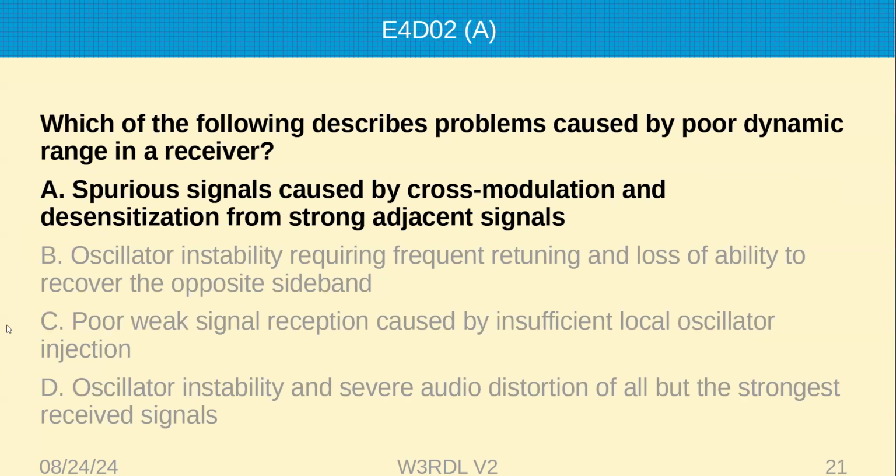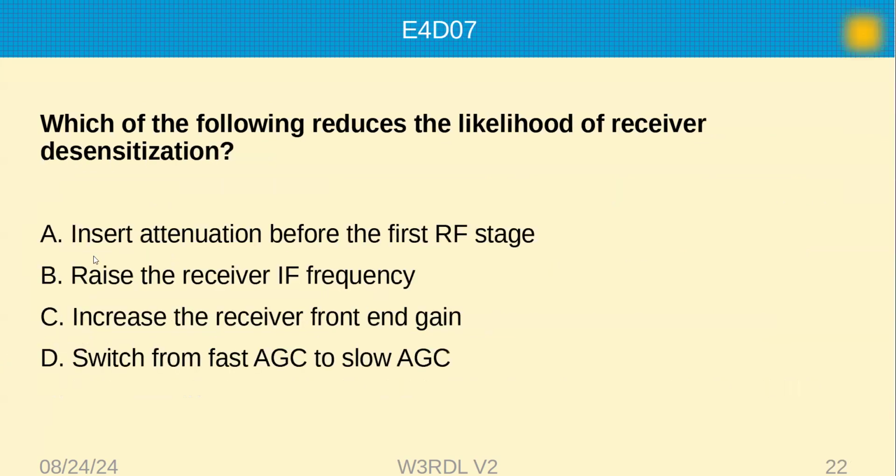Sounds good to me. Which of the following reduces the likelihood of receiver desensitization?